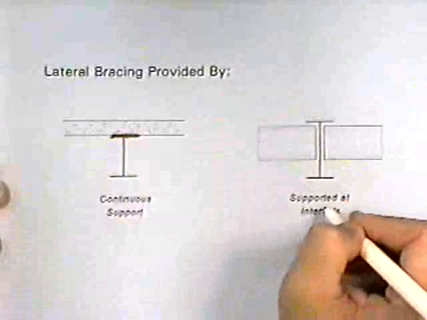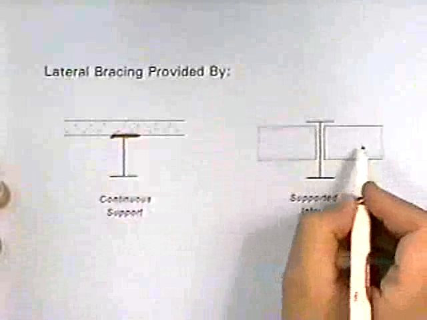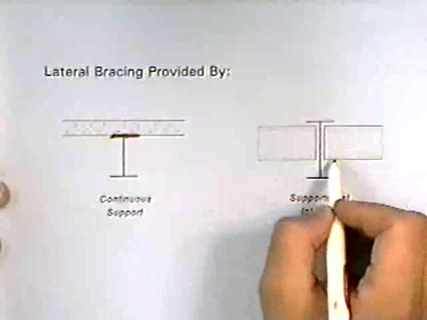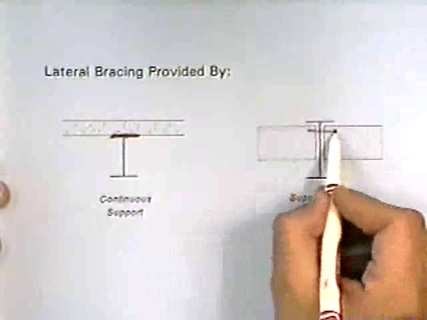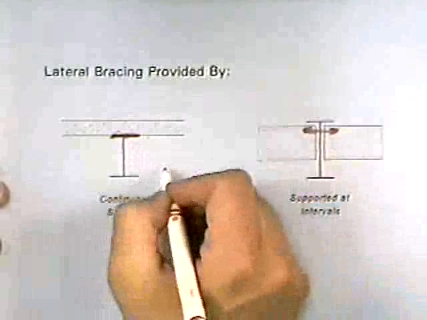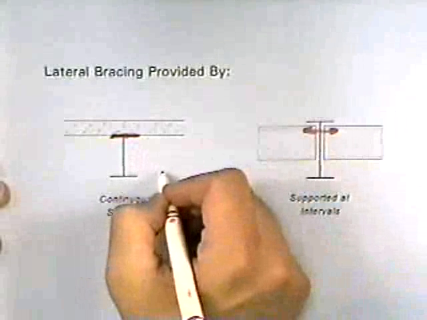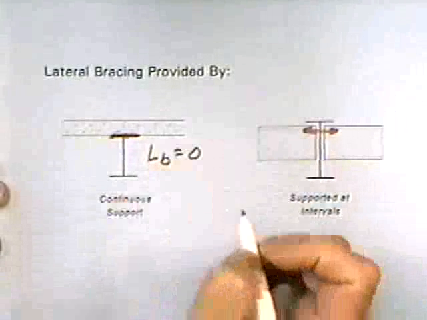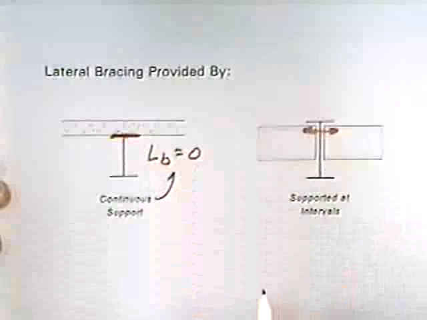Also, we'll get bracing at intermediate supports. If we have other beams coming in at right angles at certain intervals, then that will prevent this type of motion. In this case, our unbraced length, or the distance between the bracing points, is actually 0 because it's continuous.